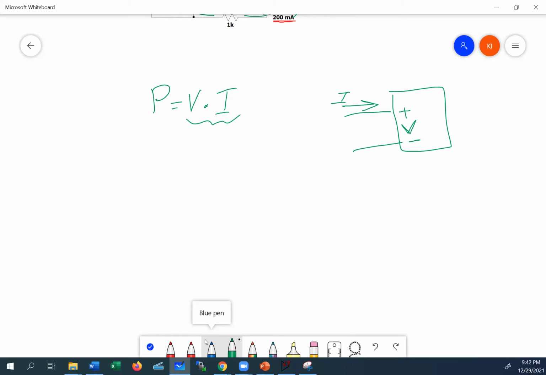The reason they call it a passive convention: if you do it this way, then if the power is larger than 0, if the power is positive, that indicates that you have a passive device. What is a passive device? A passive device says you are consuming energy. For example, a resistor would be a passive device, because the current goes in and voltage gets generated in the same direction as the current.